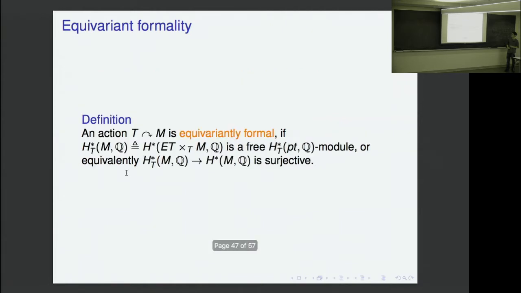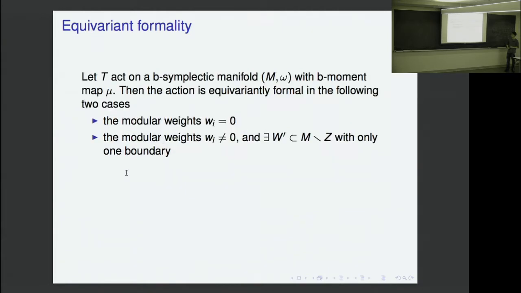And then the equivariant formality will be guaranteed in the two following cases. The first case is when the modular weights are 0, and this is the best case. Whatever works for the symplectic case will work in the 0 modular weights case of the b-symplectic manifolds. And if the modular weights are non-zero, then there might be another chance in this case, so that the equivariant formality still holds.